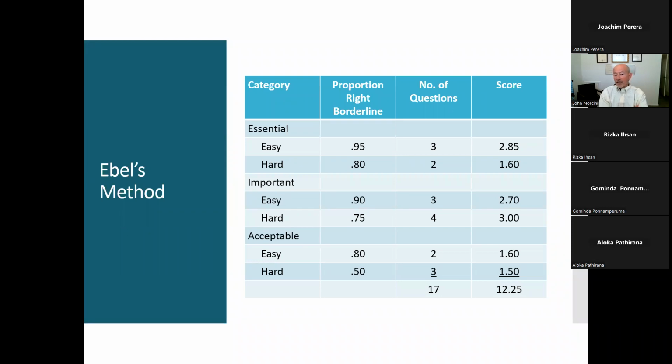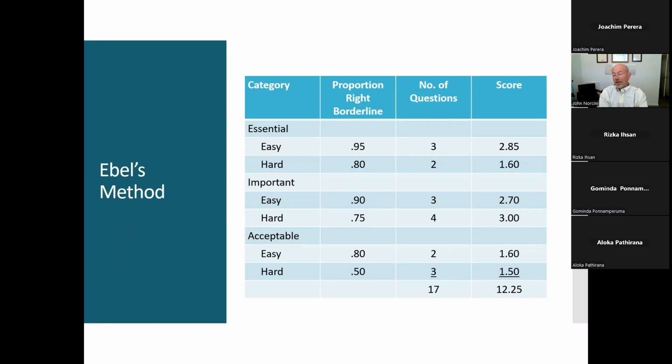And they decided that they wanted 3 categories. One set of categories related to how important the content was. So they divided items in terms of whether they were essential, important, or acceptable, thinking that that would influence the estimates of the judges.